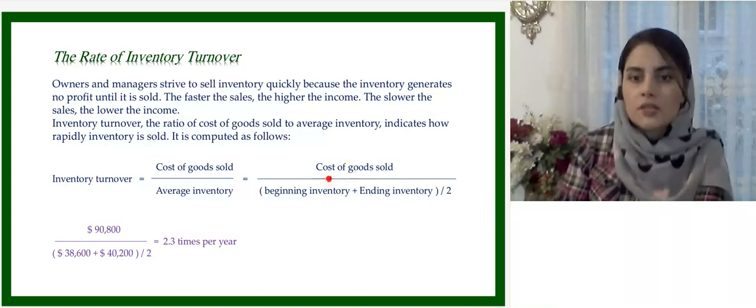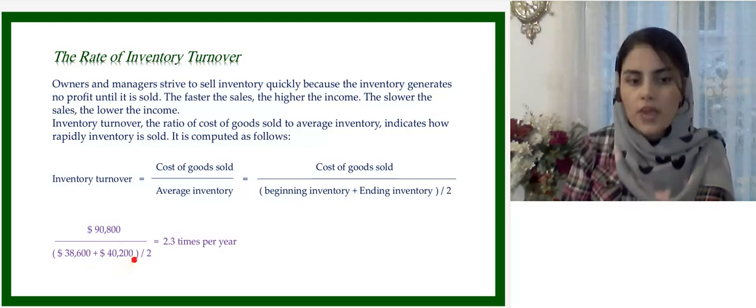So for Austin Sound, the cost of goods sold is 90,800 and the beginning inventory is 38,600 and the ending inventory is 40,200. Divided by 2, it gives us 2.3 times per year.